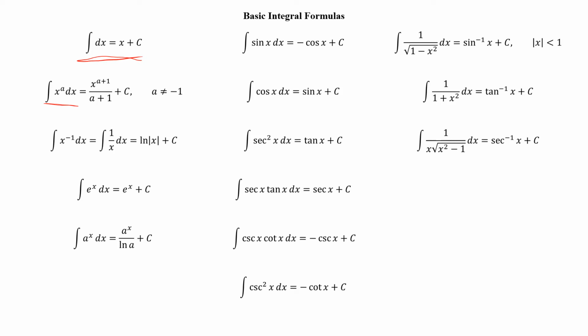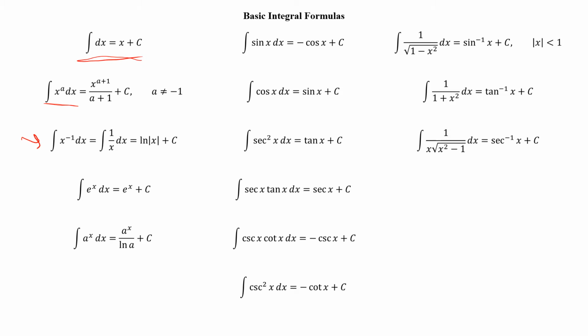And this works as long as a doesn't equal -1. If you have 1 over x, that does not go to the power rule. That goes to the natural log. E to the x, other constants to the x.